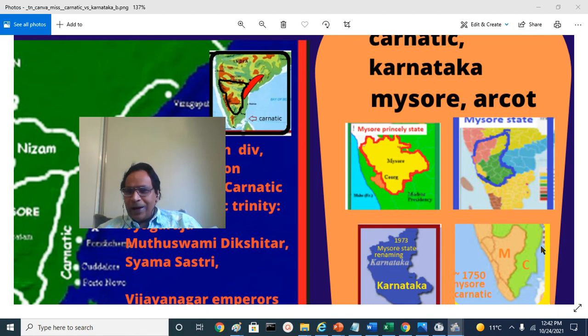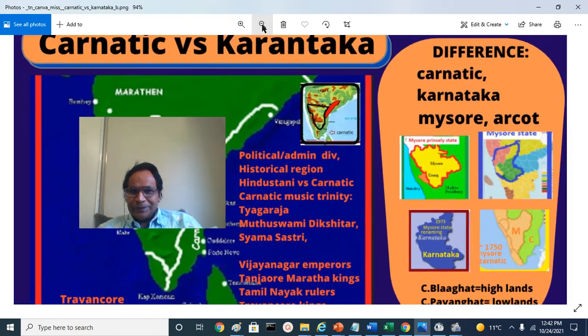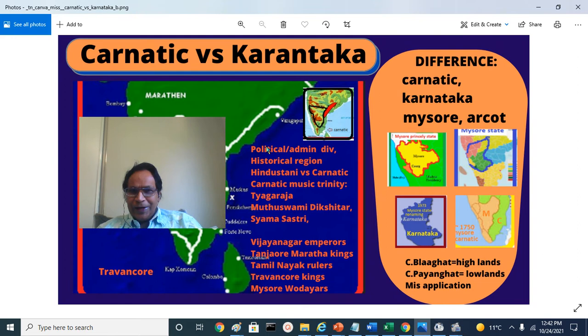Later they were also given by the Carnatic Nawab the surrounding Chengalpattu district, that is the Kanchipuram area, surrounding the urban center of Fort St. George, that is Madras. So Carnatic and Mysore. So that is in general the difference between Carnatic, Karnataka, Mysore and Arcot.